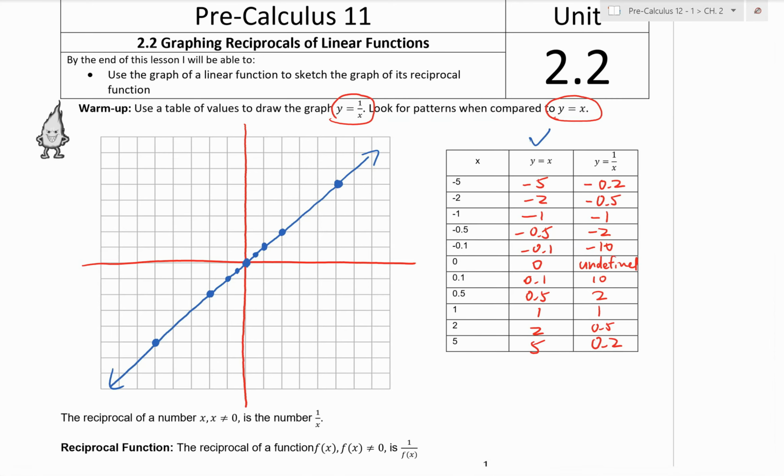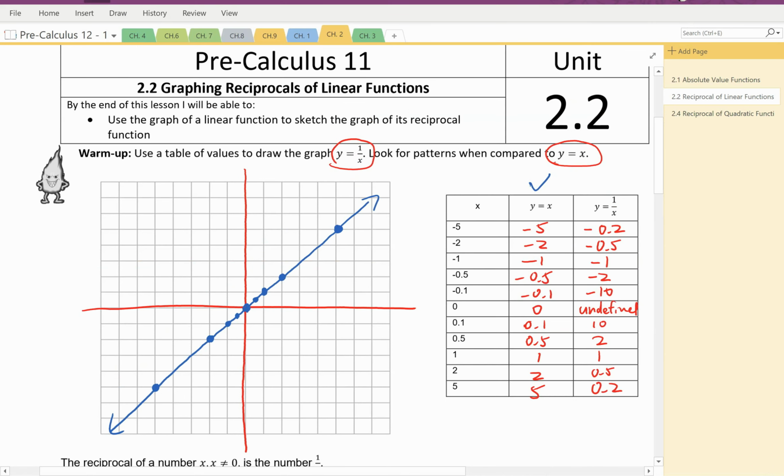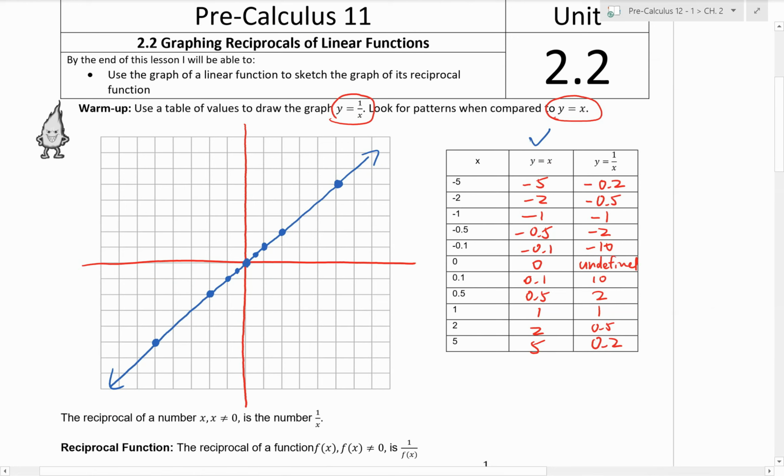Okay, now we are going to plot the points for the reciprocal first, and then we're going to look at the pattern, okay? So when x is -5, the y value is -0.2, so that's somewhere here. When x is -2, this is -0.5, so somewhere here. When x is -1, the y value is also negative.